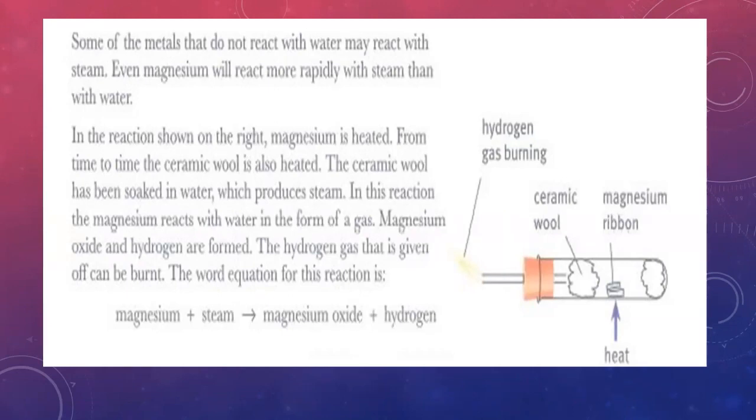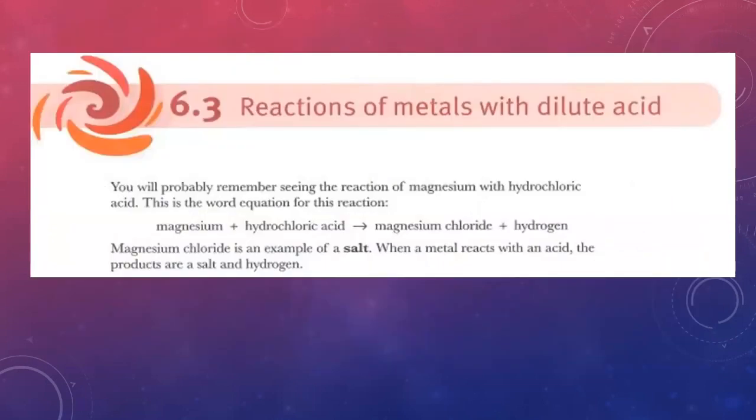But if you ask, miss, in this case magnesium reacts with the steam and gives magnesium oxide only. This reaction is followed by another reaction to form magnesium hydroxide plus hydrogen. Okay, you understand?